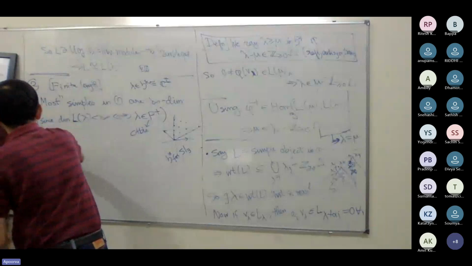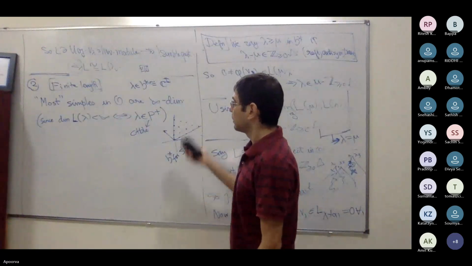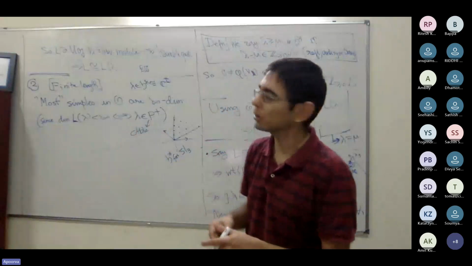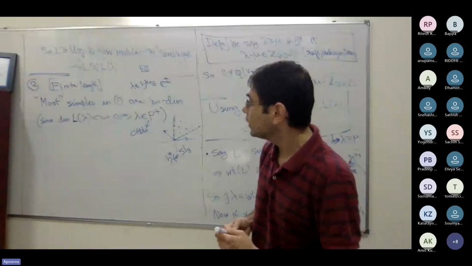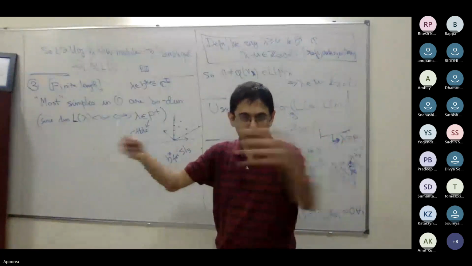Maybe let me not say that most objects are infinite yet, because that's the whole point of this section. But the dimension of an object is not a very useful way to keep track of what is going on. What is useful is how many simple objects go into a chain of submodules.